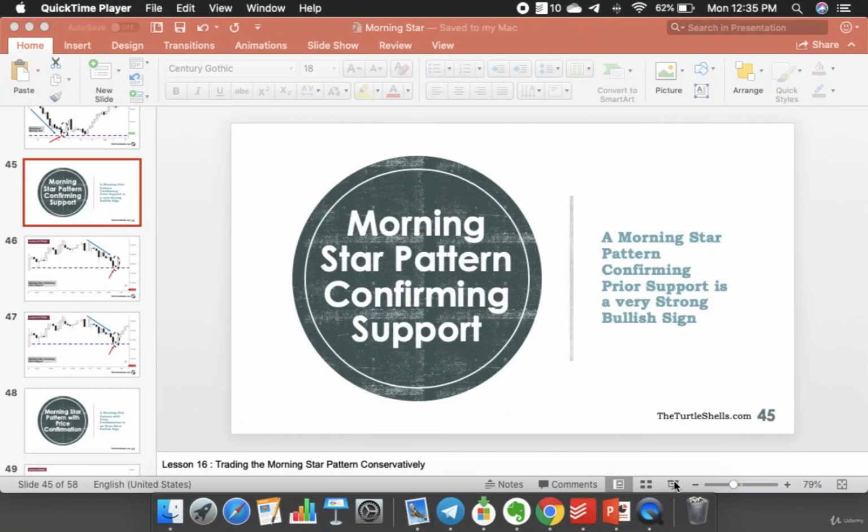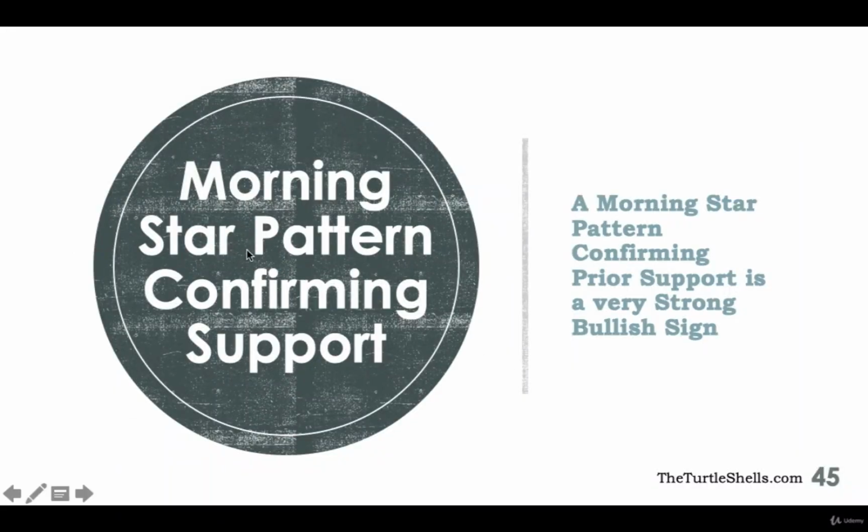Alright, so in the previous video, we looked at a morning star which was standalone. Now we look at a morning star which confirms prior support. We have looked at multiple examples, even for a hammer, a bullish engulfing pattern, and a piercing pattern.